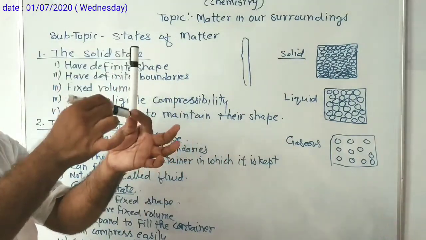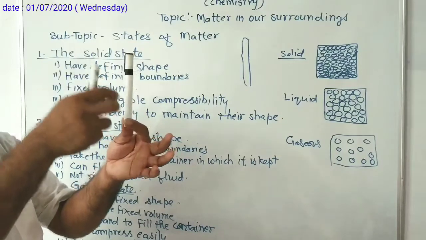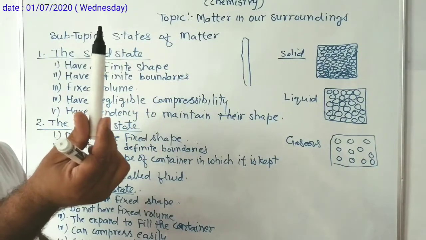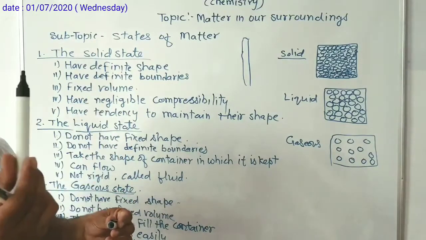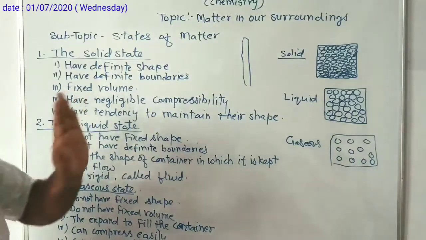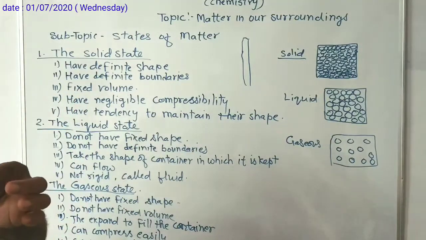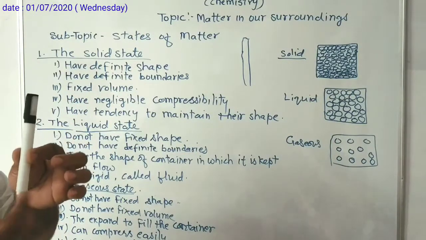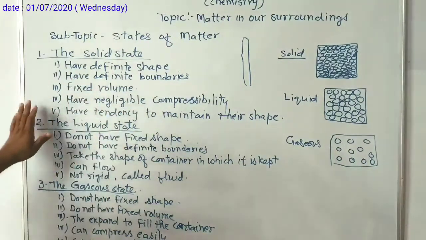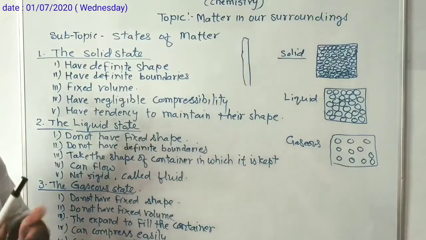If we want to measure its volume, since this is cylindrical, we can measure the volume of the cylinder. Clear? It means they have fixed shape, so they have fixed volume also. We can calculate it. Solids have negligible compressibility.